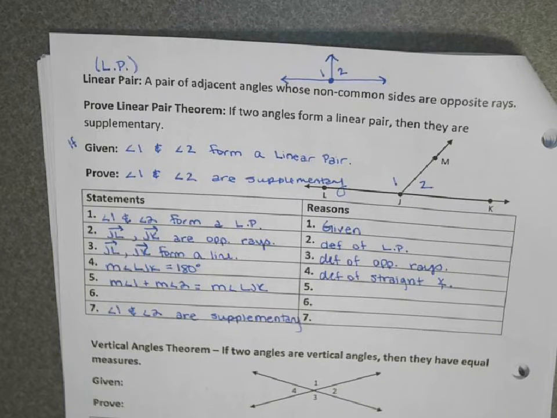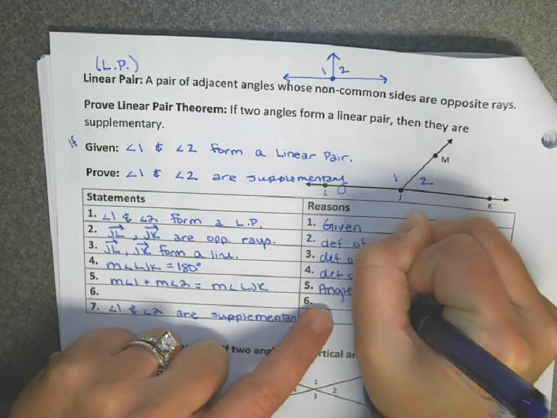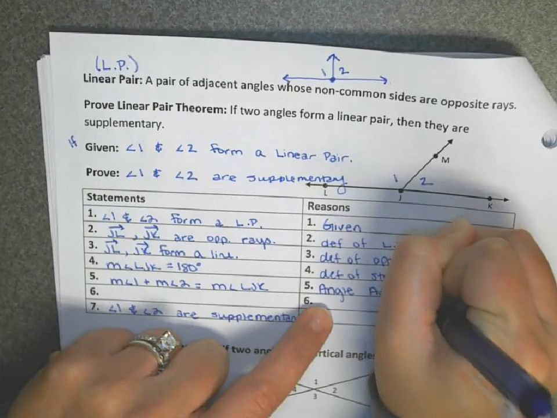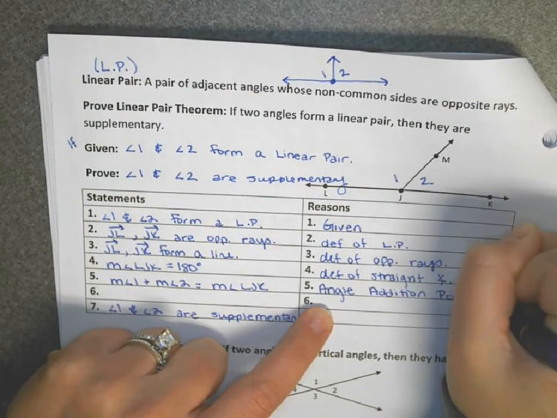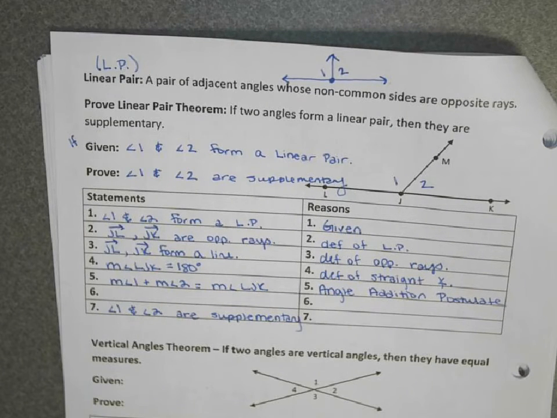What tells me that when I add 2 angles together, it equals the whole thing? The angle addition postulate. The angle addition postulate tells me part plus part equals whole of the angles. So angle 1 plus angle 2 equals the whole angle, which is the measure of LJK.